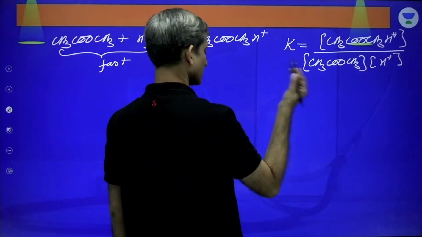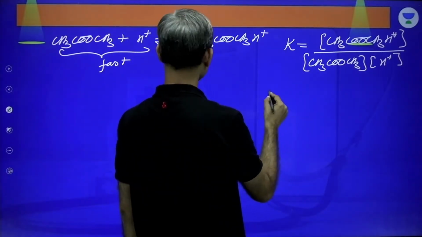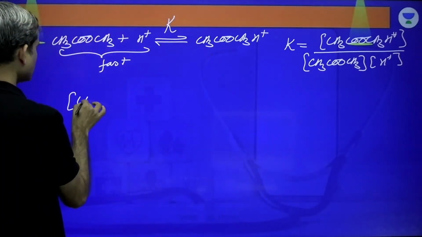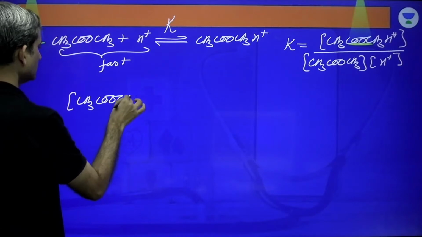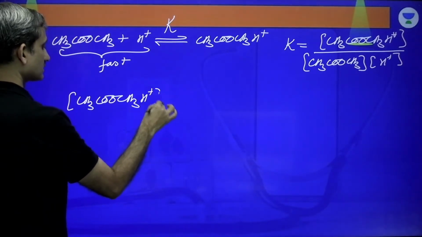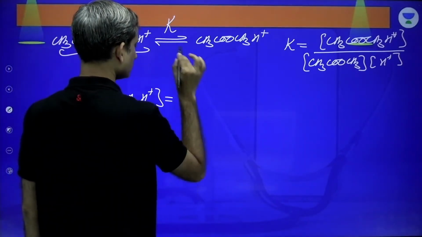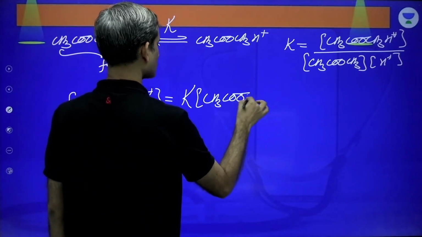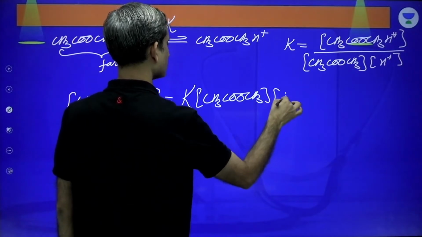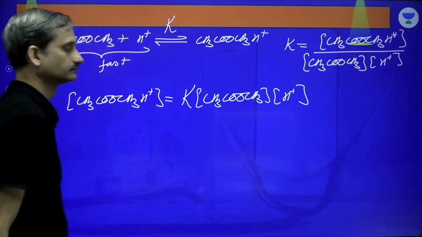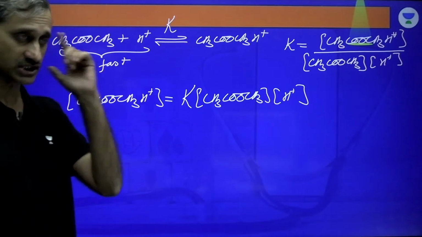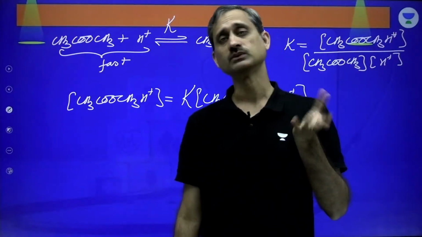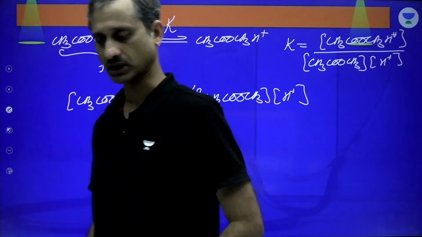So we may consider that the concentration of CH3COOCH3H plus is equal to the equilibrium constant into CH3COOCH3 into the concentration of H plus. Just remember, the rate equation is never written in terms of intermediates. You have to convert the intermediate in terms of the reactants and products.